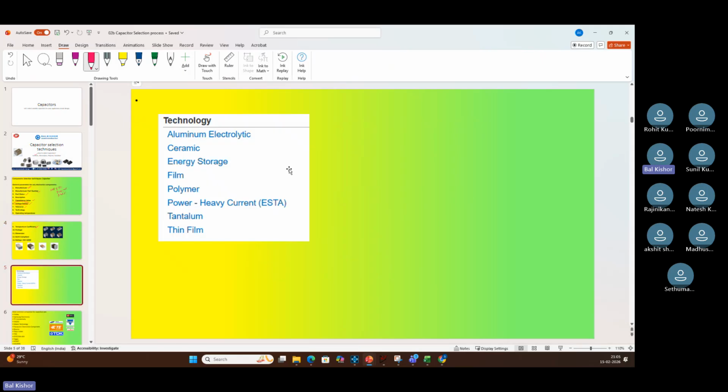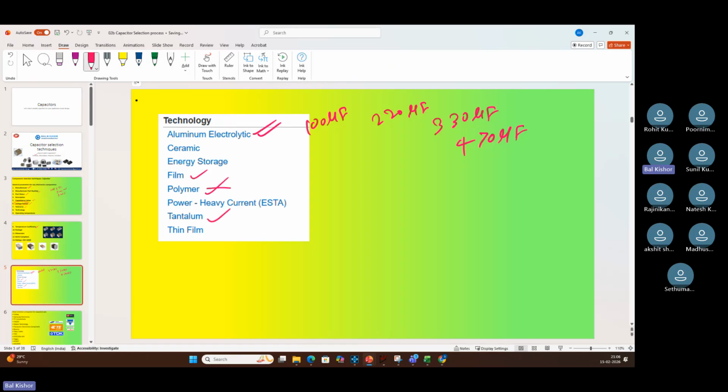If you talk about different technologies, we have aluminum electrolytic, most commonly used for higher values, let's say 100 microfarad or 220 microfarad and all, even 330 or 470. So very high value capacitors you will not get in ceramic, okay. Then we have film capacitor, polymer capacitor, tantalum capacitors, all these are there.